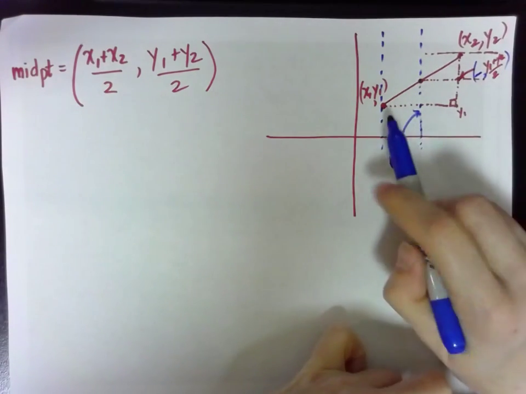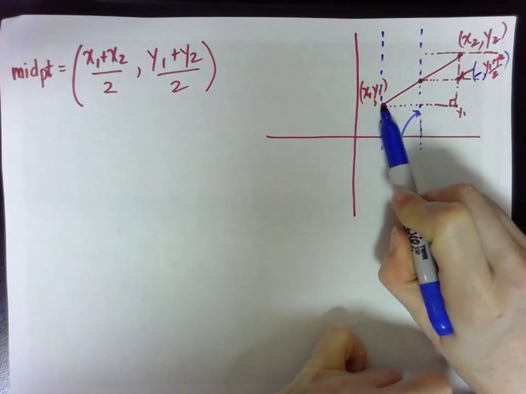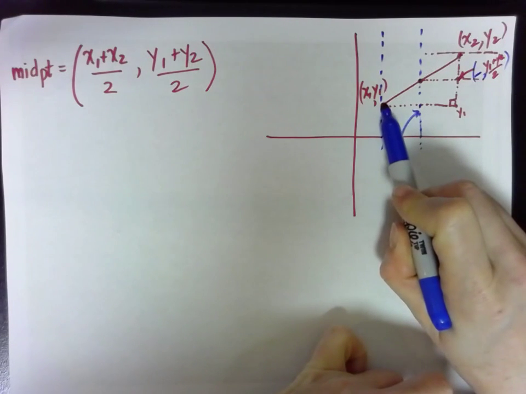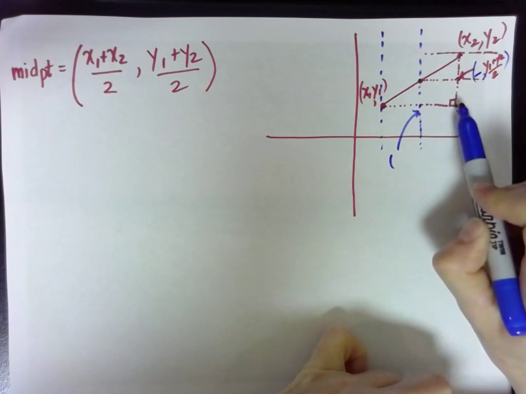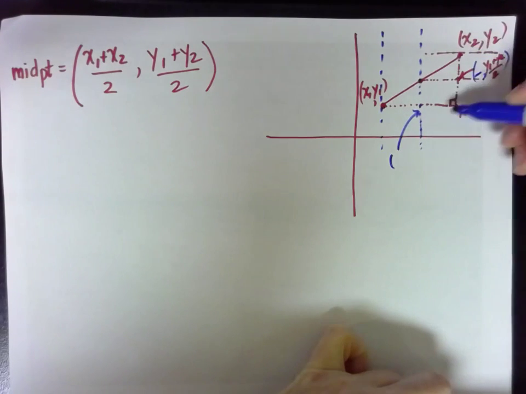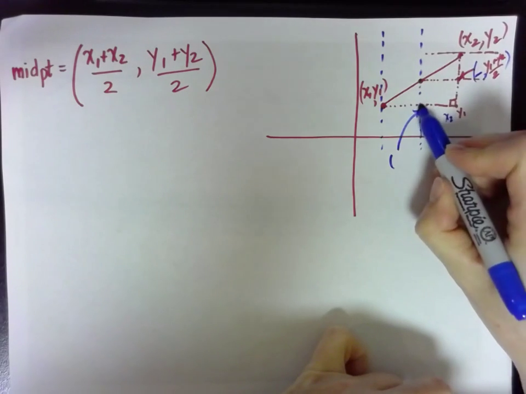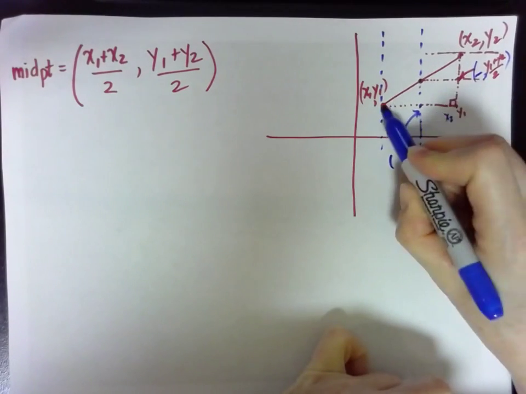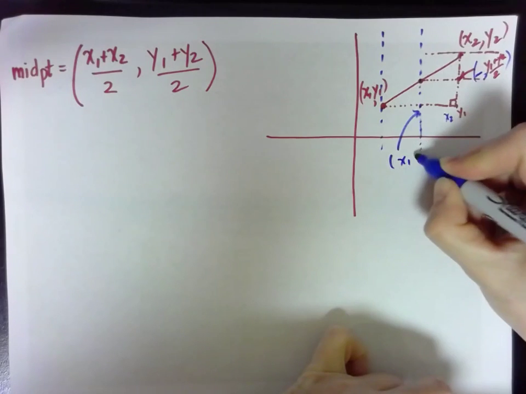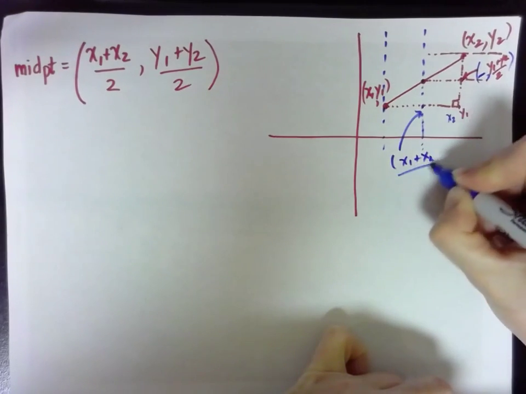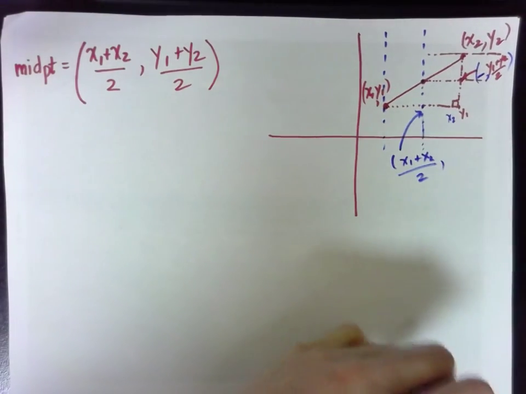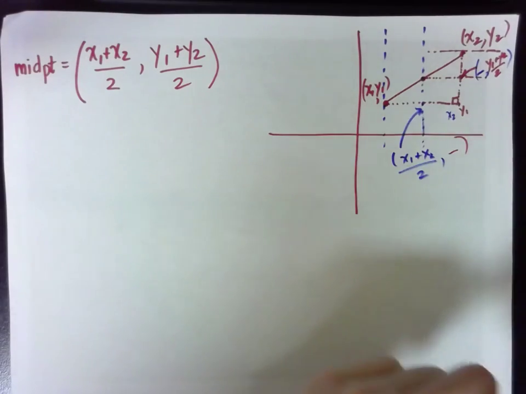So the x-coordinate will be halfway between the x-coordinate here, which is x1, and the x-coordinate here, which is x2. So that point halfway between those two would be x1 plus x2 over 2. I don't care what the y-coordinate is.